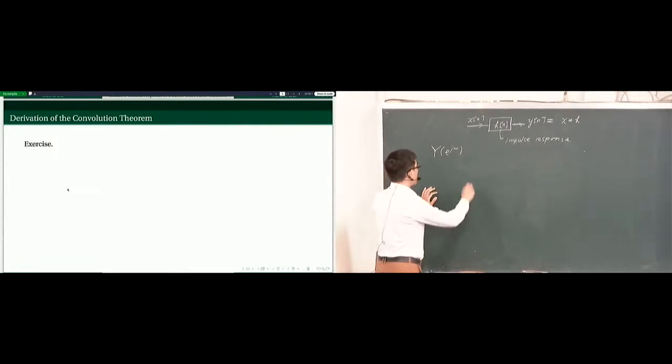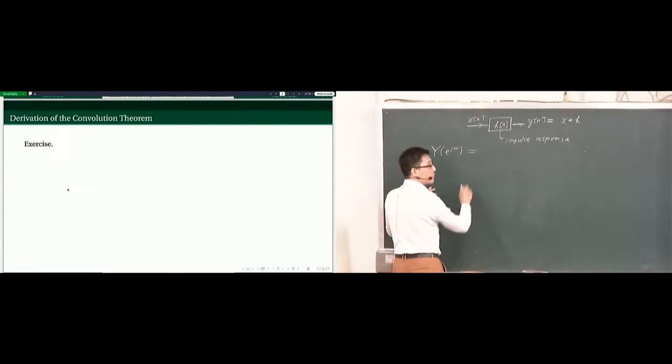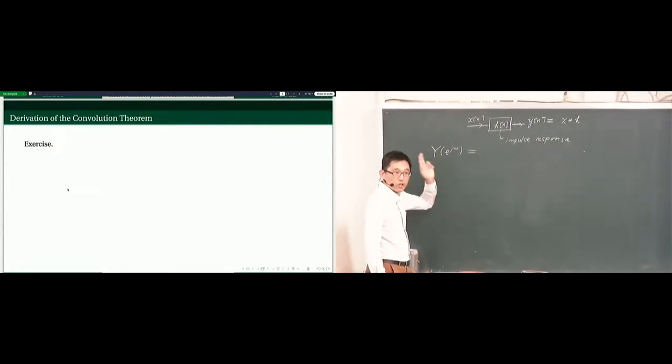Okay, so we want to evaluate Y(e^{jω}). And what is Y(e^{jω})? The spectrum, by definition, is the DTFT of signal y in the time domain, right?